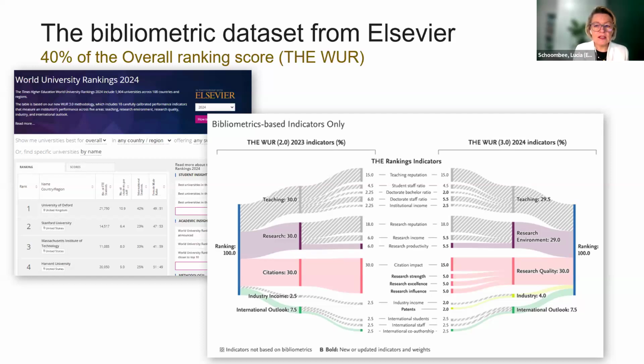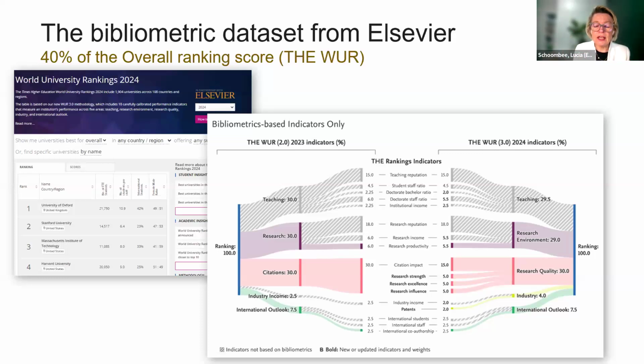But the first thing is, in terms of the methodology of the Times Higher Education ranking, they've got 5 different scores. There's teaching, there's the research environment, there's the research quality score, there's the industry score, and there's the international outlook score. And Elsevier's bibliometric data is then used for many of these different themes that are addressed.